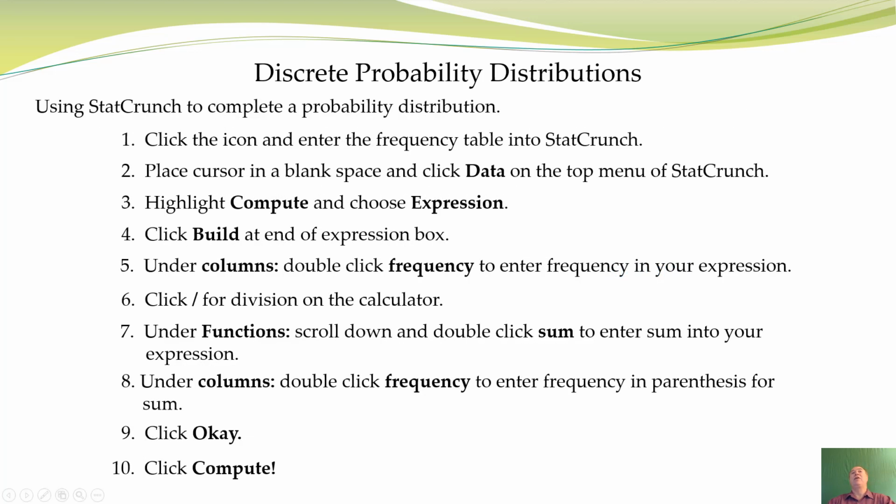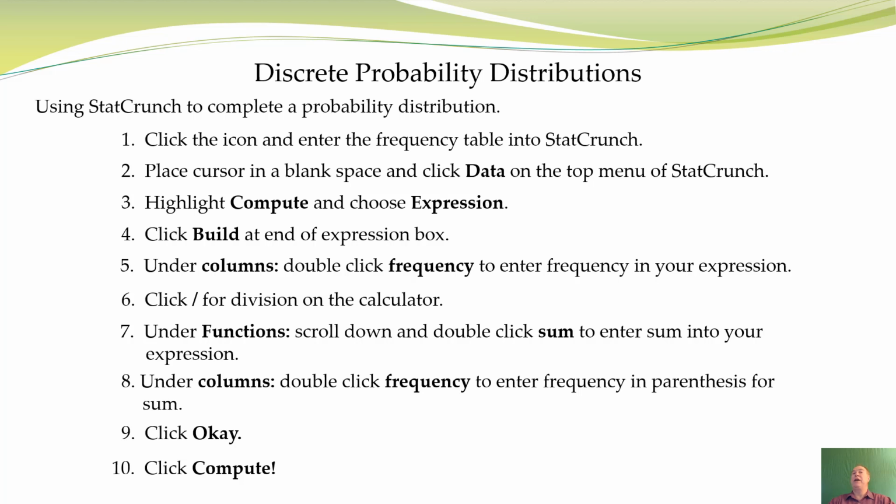Now, using StatCrunch to complete a probability distribution. Click the icon and enter the frequency table into StatCrunch. Place cursor in a blank space and click Data on the top menu of StatCrunch. Highlight Compute and choose Expression. Click Build at the end of the expression box. Under Columns, double-click Frequency to enter frequency in your expression.